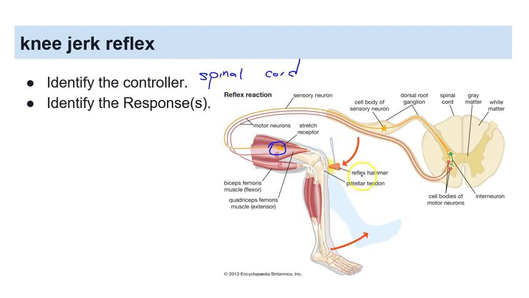Okay, and then the spinal cord, through the motor neurons, through the efferent pathway, is going to send the signal to our muscles, the quadriceps femoris muscle and also the hamstring muscles. So the response would be quadriceps femoris muscle contraction, which makes our knee extend, so knee extension, and then the hamstring muscle relaxes.